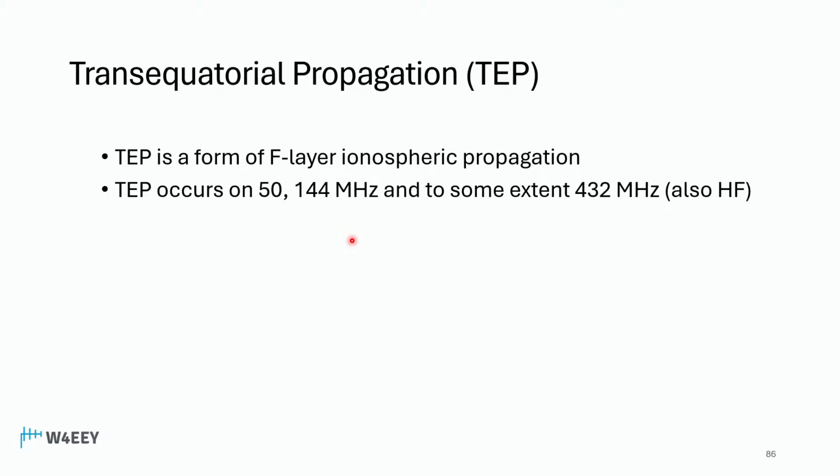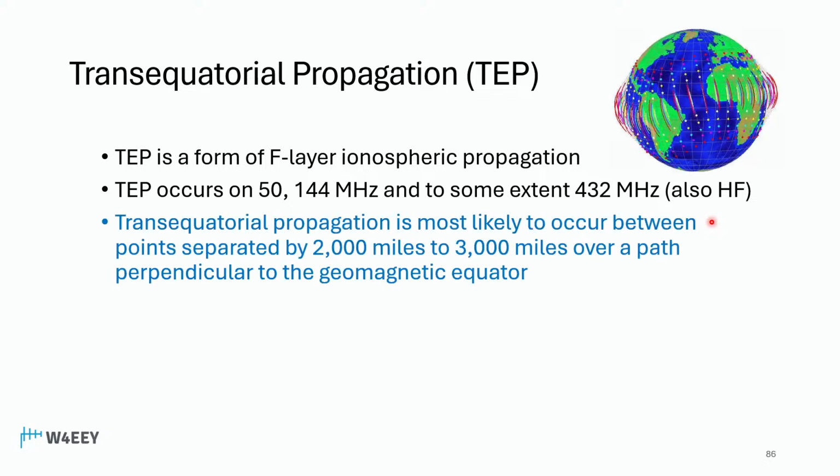Well, before we get to that, be aware that it occurs on 50 megahertz, 144, and to some extent on UHF, and it also happens on HF. Transequatorial propagation is most likely to occur between points separated by 2,000 to 3,000 miles over a path perpendicular to the geomagnetic equator.